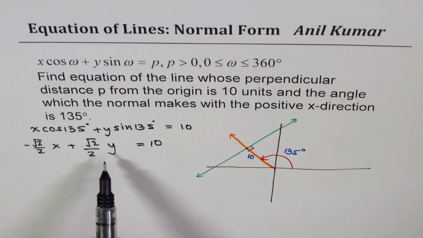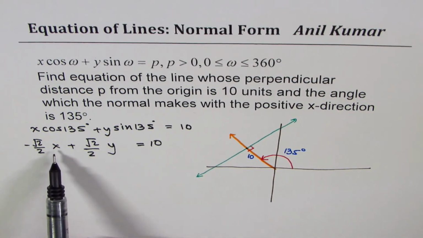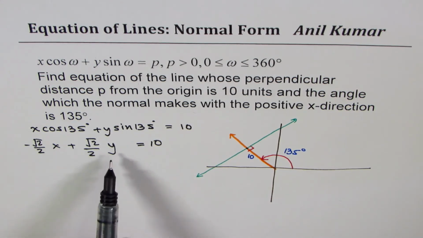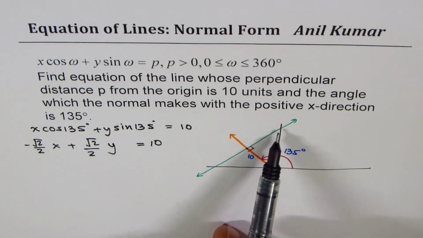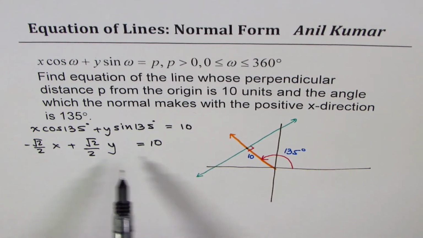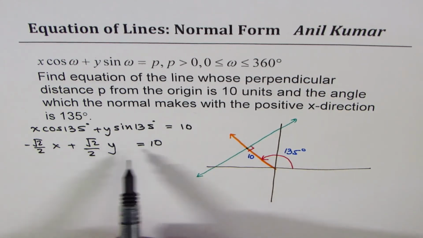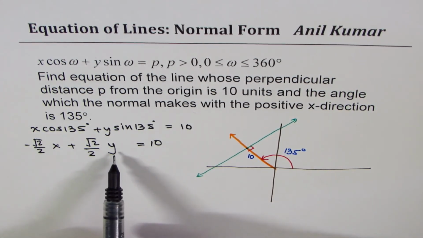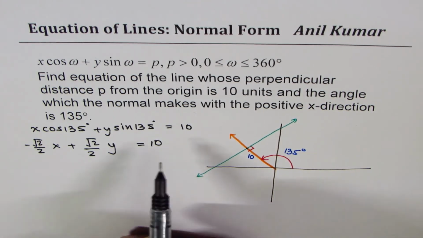From this equation also, you can make out that the x-intercept is negative and the y-intercept is positive, as you can see. We can find the slope.